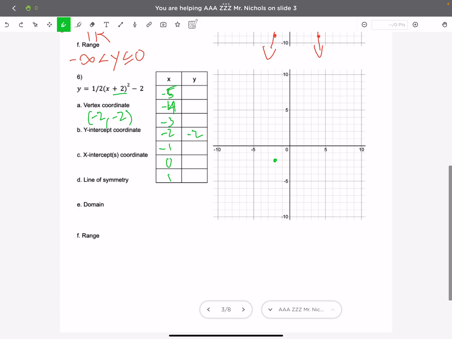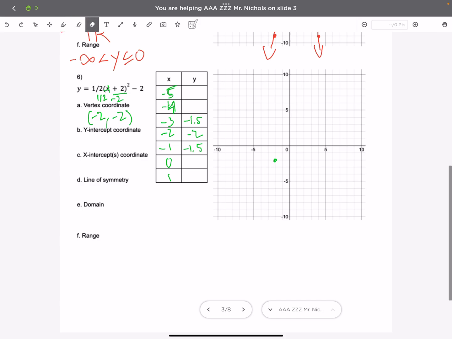All right, the y-intercept coordinate. So what I would do is, once again, like before, I might plug negative 1 here. So that's negative 1 plus 2 is 1. 1 squared is still 1. 1 times 1/2 is just going to be 1/2 minus 2, or negative 1.5. Negative 1.5. All right.